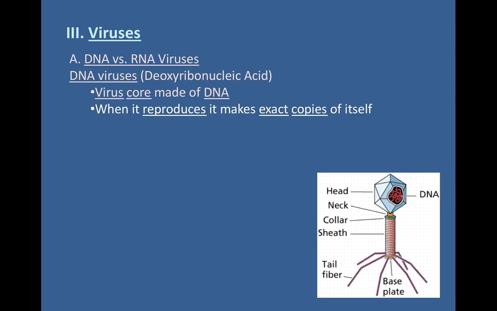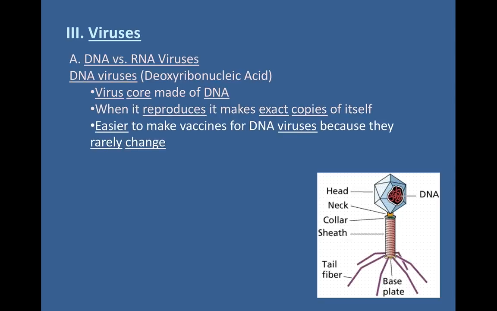Now, the reason this is significant is because as we try to fight viruses and prevent them, it's much easier to make a vaccine for a DNA virus because they rarely change. We know what to expect from a DNA virus. We know what it's going to look like. We know what the DNA code is going to look like. We know what the antigen looks like.